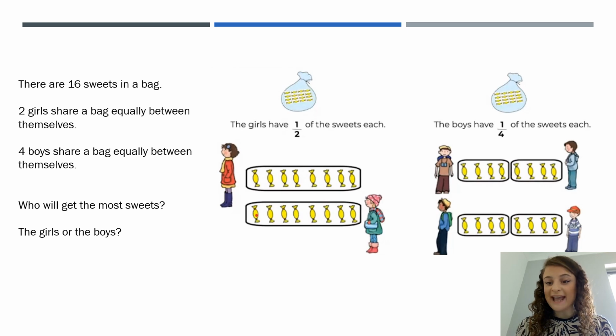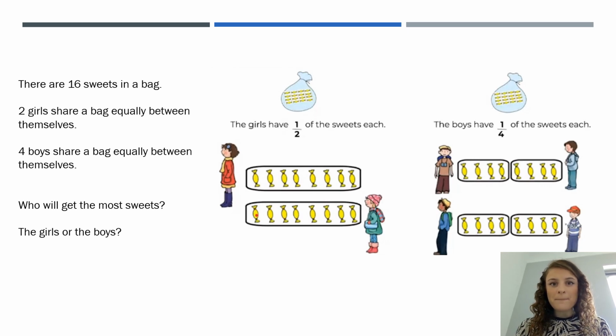So the girls are getting 8 sweets each. If we are splitting the sweets between 4 here, we are splitting them into quarters. We know that 1/4 of 16 just means 16 divided by 4, which means that each quarter will have 4 in. That means that every boy is going to have 4 sweets each.